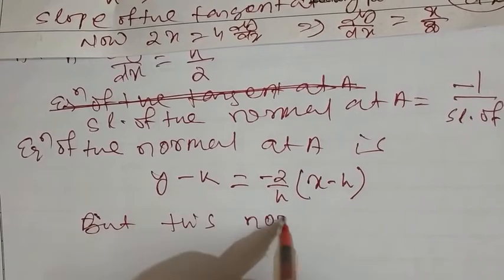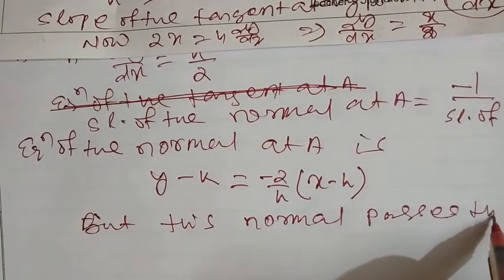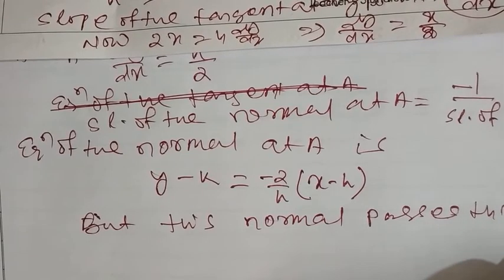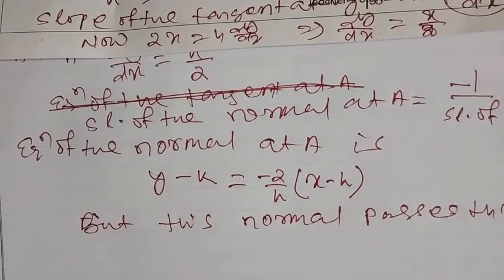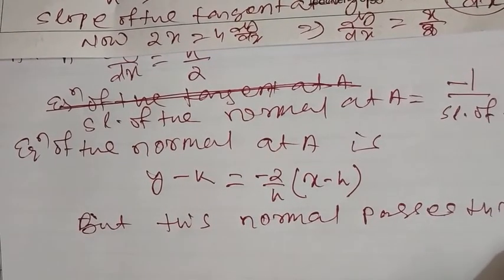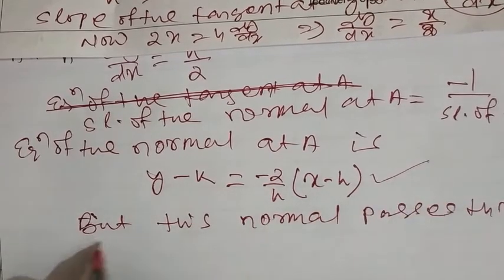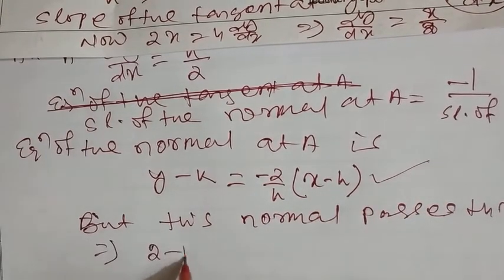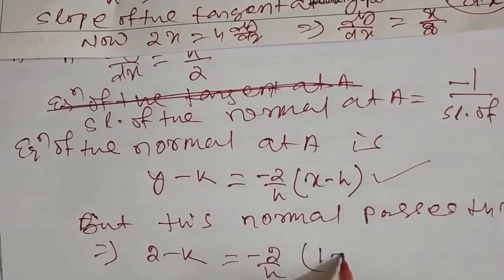Now, but this normal passes through what? (1, 2). ये normal (1, 2) देके जा रहा है, तो it must satisfy the coordinates of (1, 2), must satisfy the equation. Therefore, I got 2 minus k equal minus 2 by h into 1 minus h.